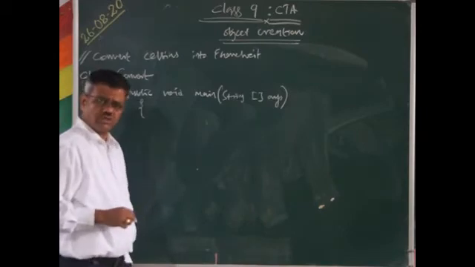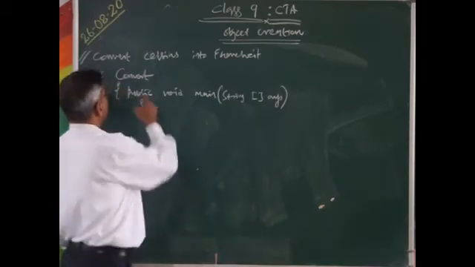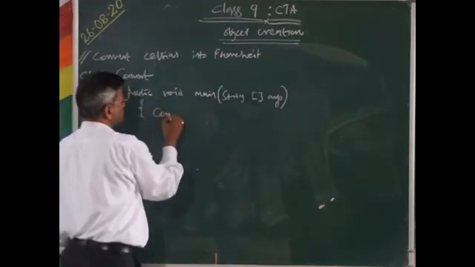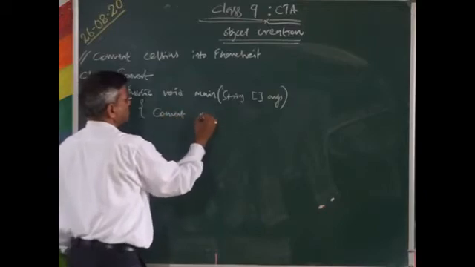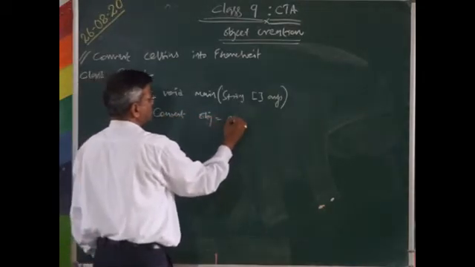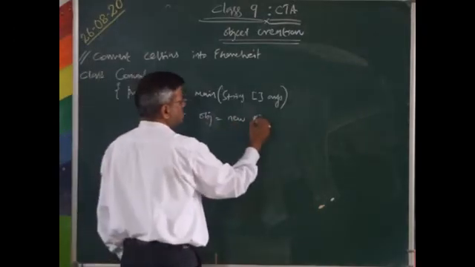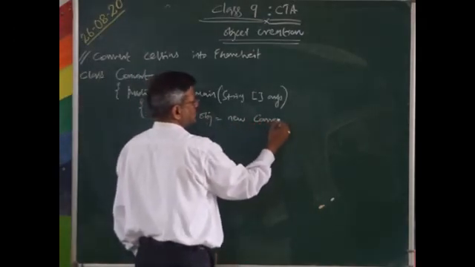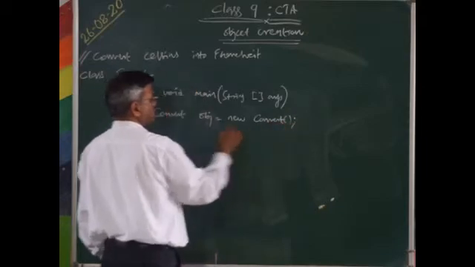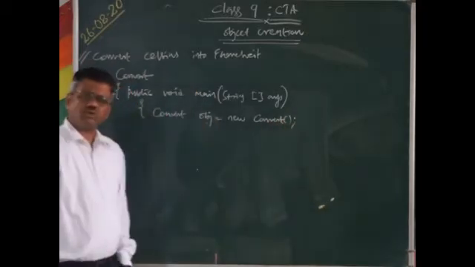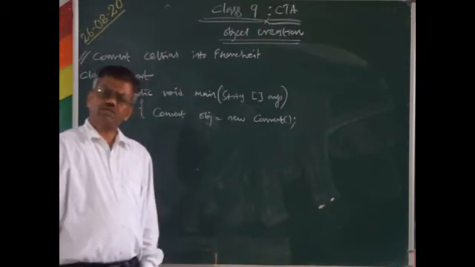What do I do? I create an object of the class. What is the class name? Convert. Keyword new. I create an object called obj.